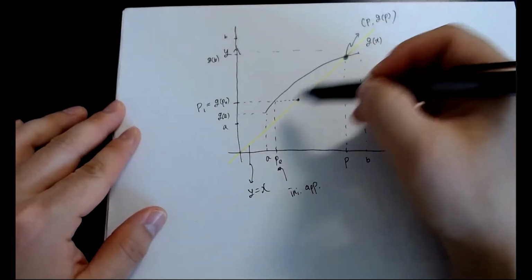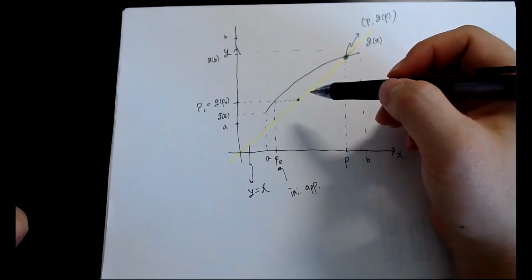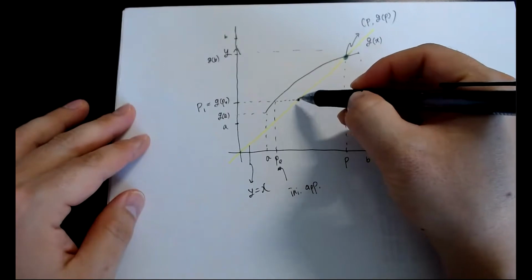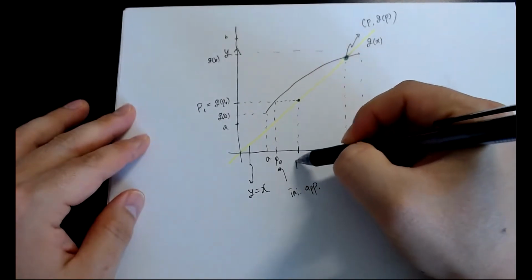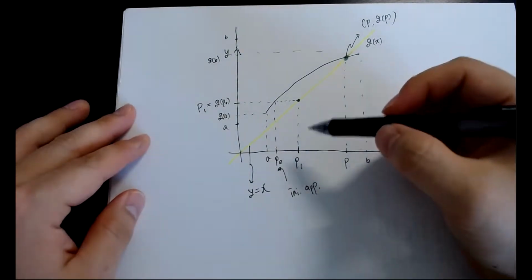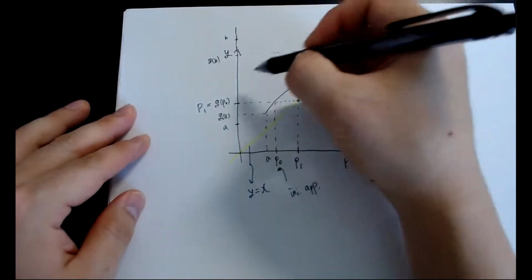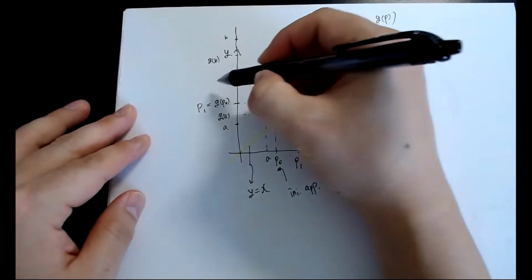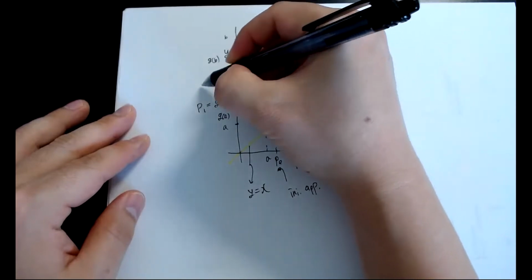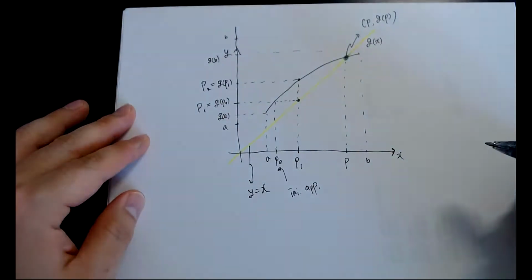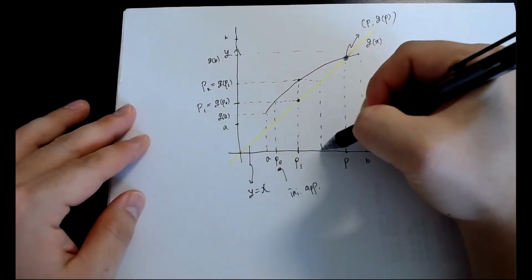Since this is the graph of y equals x, the x coordinate of this point is also p1, right? So p1 is right here. And then we evaluate g at p1, which is this right here. This is g of p1. Let's say we set this one as p2, and then we're going to evaluate g at p2. Where is g of p2? p2 is right here.